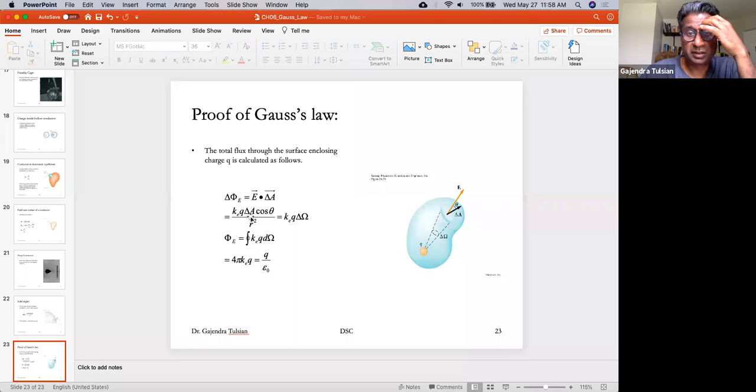But this is the solid angle. Okay, so it's KQ times the solid angle. And if you integrate all this flux, that gives you the net flux, which is KQ times solid angle. If you just do the integral, it's just summing over the solid angle. These are constants, they come out. And the sum of the solid angle is 4 pi. 4 pi is the solid angle subtended by an enclosed surface. Okay, and so that's 4 pi KQ.